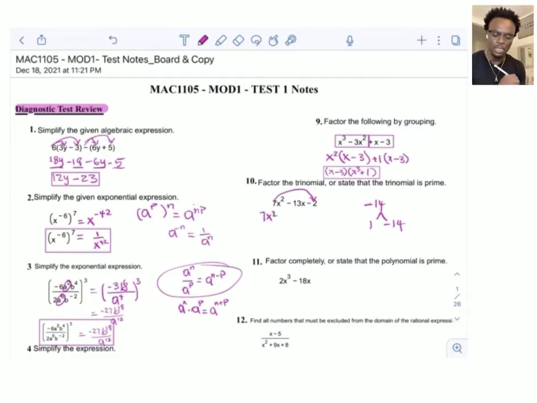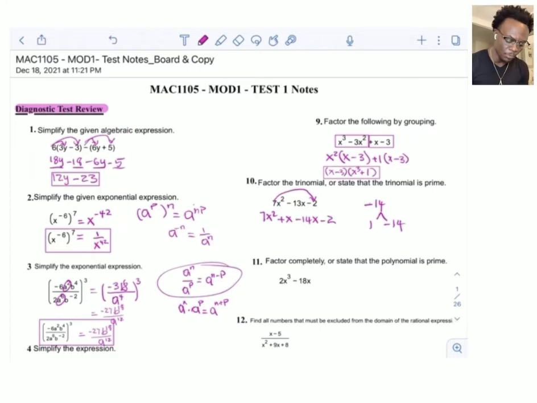The negative 13x will change into 1x, so plus x, minus 14x, which is still negative 13, but I break it down in a way for me to get the right four terms that will allow me to move on with my grouping factor.